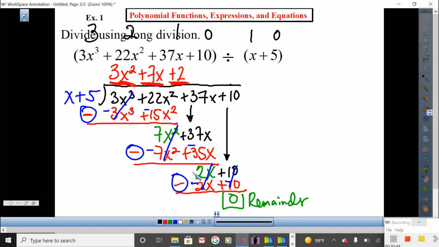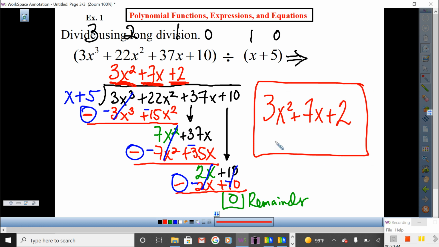Okay, so this divided by this, what would be our answer? The quotient, is that correct? Which is 3x squared plus 7x plus 2. This is our quotient. Copy that if you haven't already.